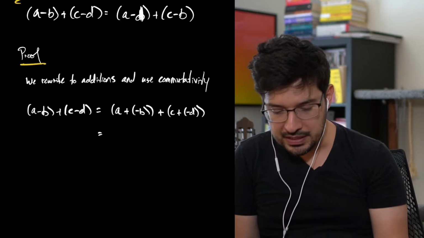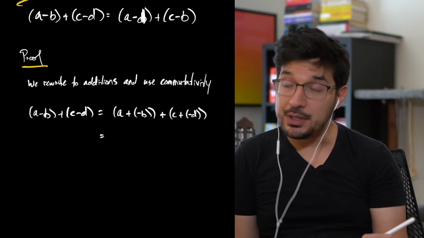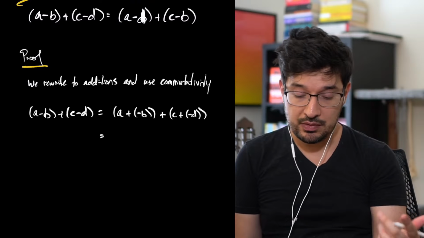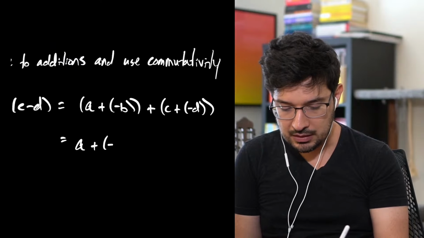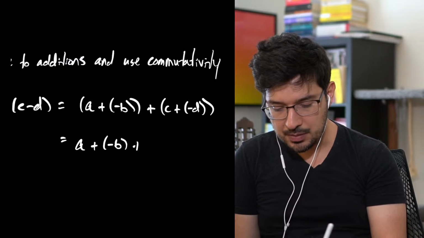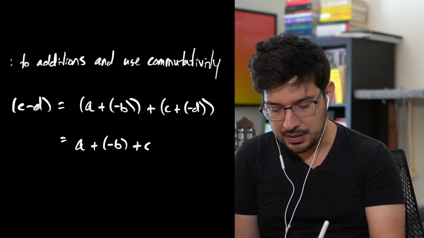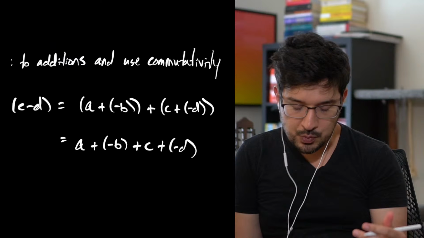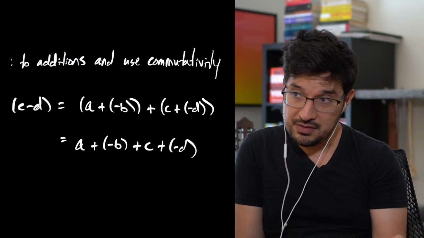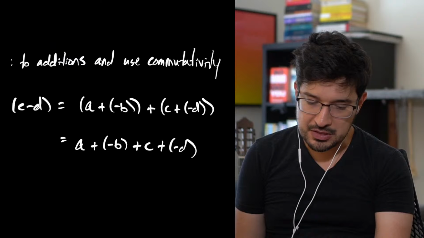Now that we have rewritten all the operations as additions instead of subtractions, we can use associativity, which says that we can drop all parentheses. Remember that the parentheses around negative b and negative d, I like to think of them as quotation marks.